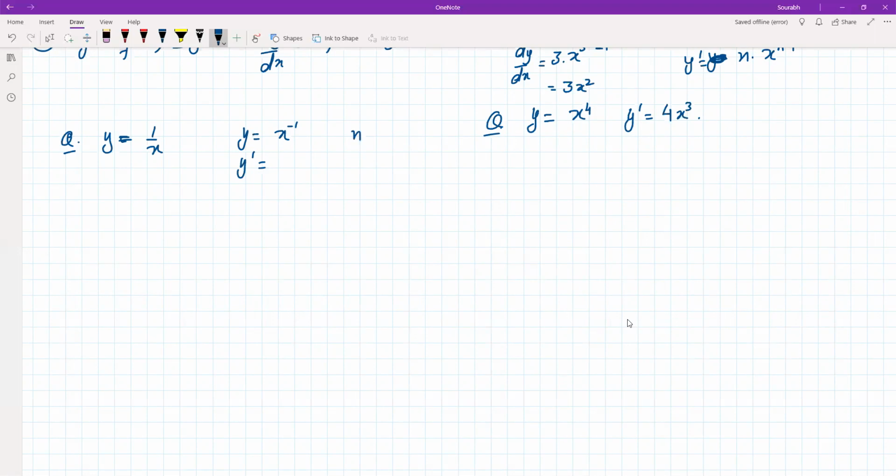What is n here? n is minus 1. So what is y dash? It is n, that is minus 1, into x to the power n minus 1. So that is minus x to the power minus 2, or minus 1 by x square.